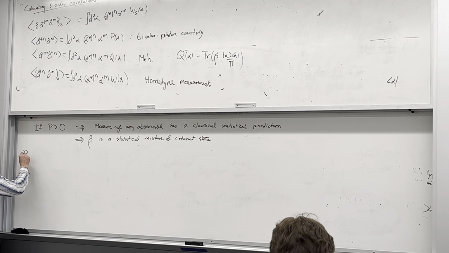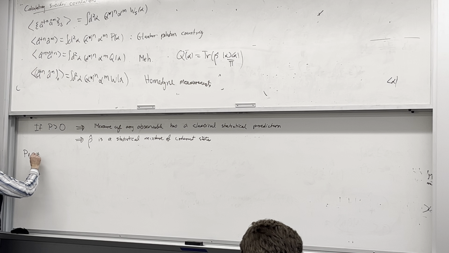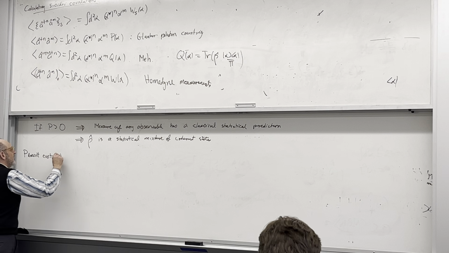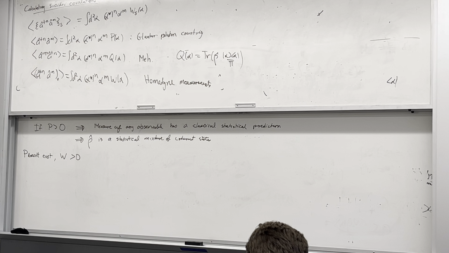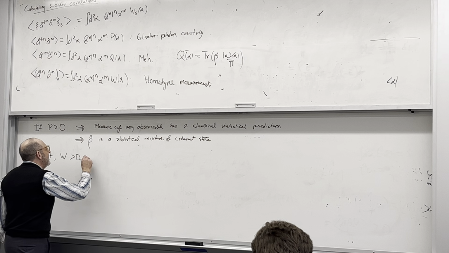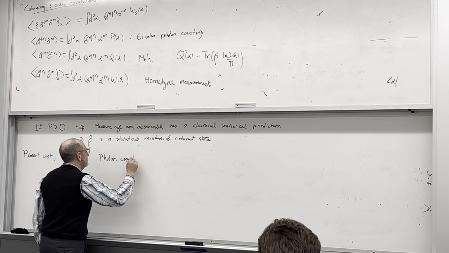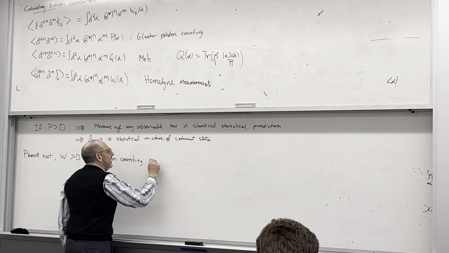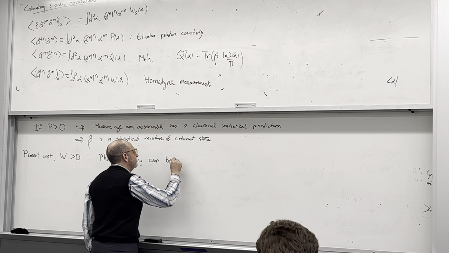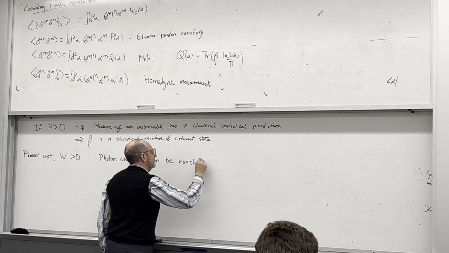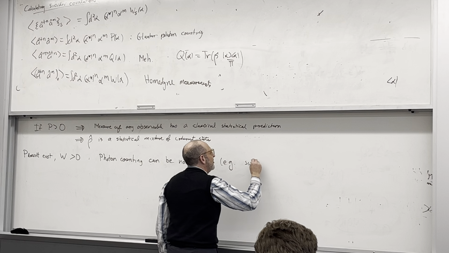If the P function doesn't exist, but the Wigner function is positive, then what we would say is that photon counting can be non-classical, e.g., sub-Poissonian statistics.